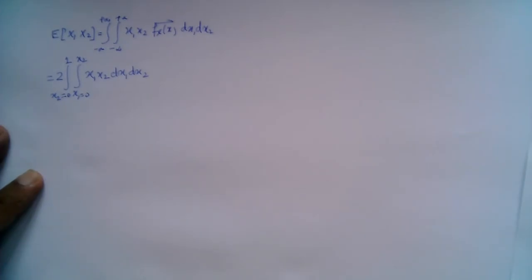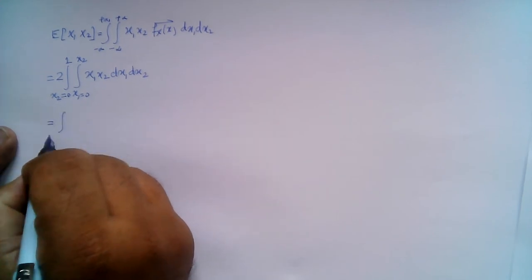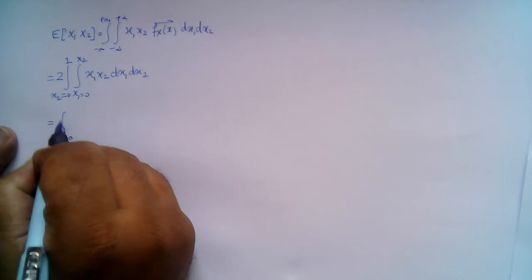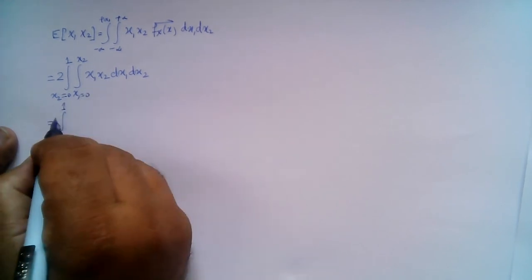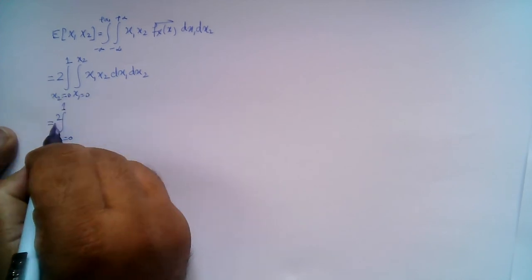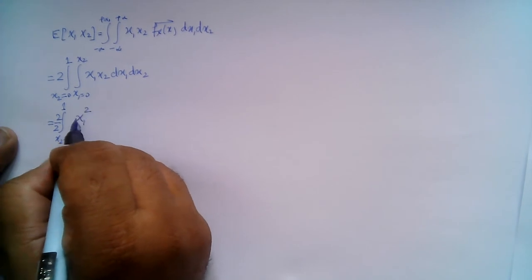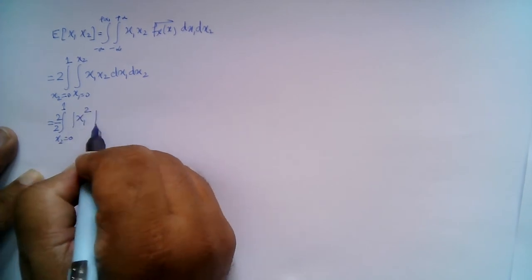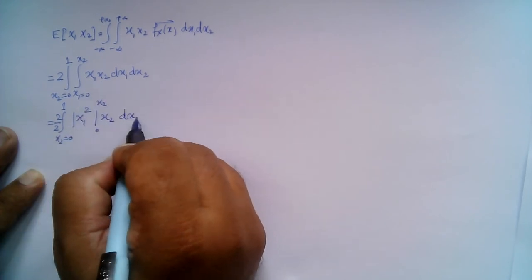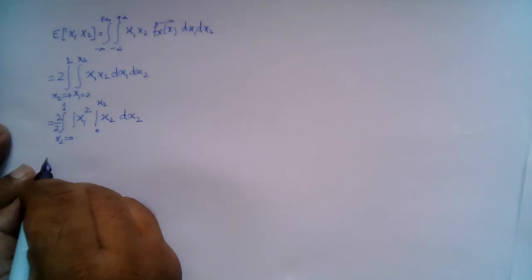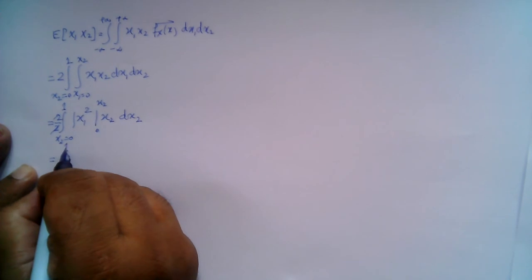And now we are integrating first with respect to x1, right? So x2 is from 0 to 1. This will be x1 square over 2. So this 2 is already here, and we get 1 over 2 here, right? So this will be x1 square with limits 0 to x2, and we already have an x2 here, and we still need to integrate with respect to x2. So this cancels out. This will be x2 from 0 to 1.